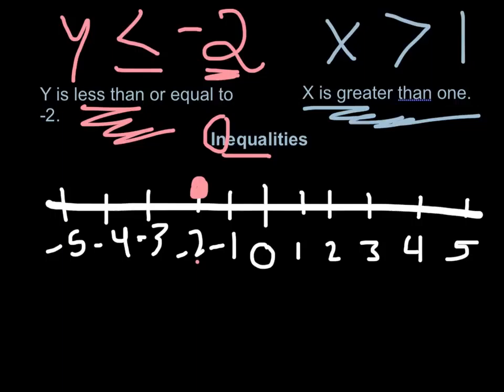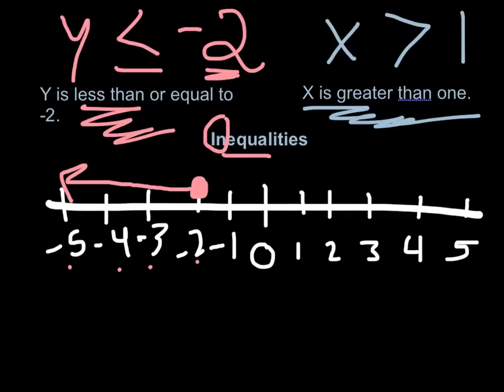So y is less than or equal to -2. Now, y represents anything that is less than -2. If we look at our number line, -3, -4, -5, that is what is less than -2. -3, -4, and -5 all represent y. So what I do here is I draw a line from -2 going this way.